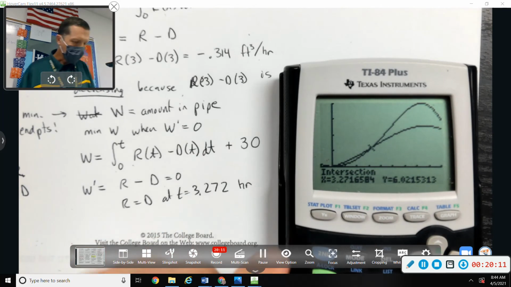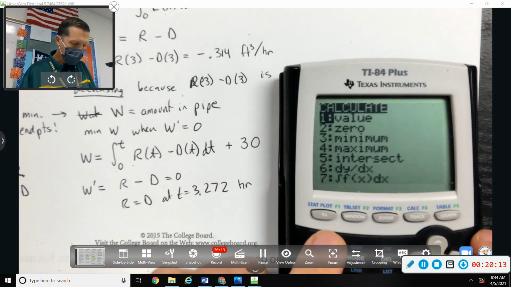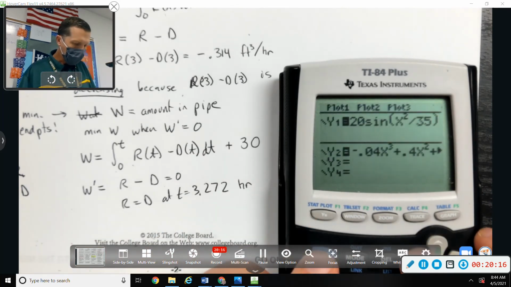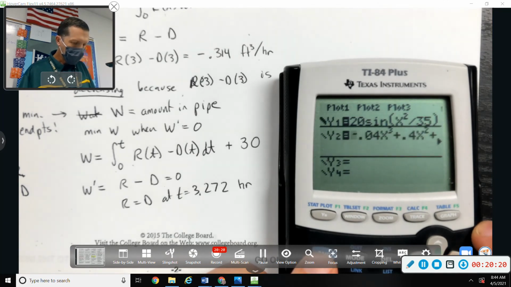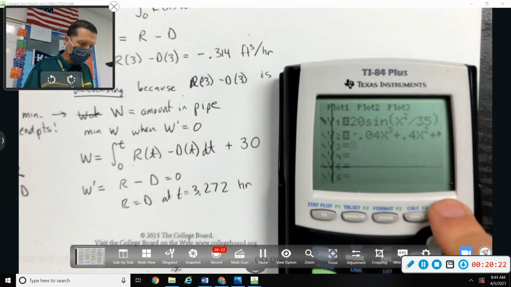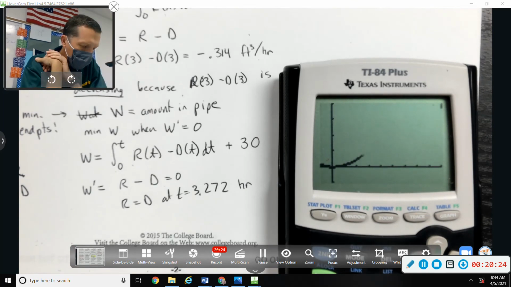If I really wanted to be careful, I'm going to make the rain going in a darker shade so I can tell which one's which here.